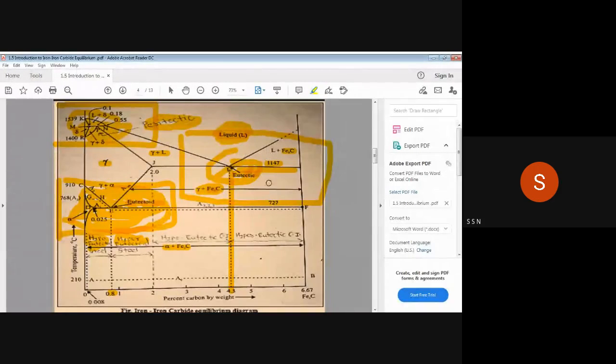But if percentage of carbon is more than this, then that will be called hyper-eutectic transformation. So remember just hyper and hypo. Hypo म्हणजे कमी, hyper म्हणजे जास्त.